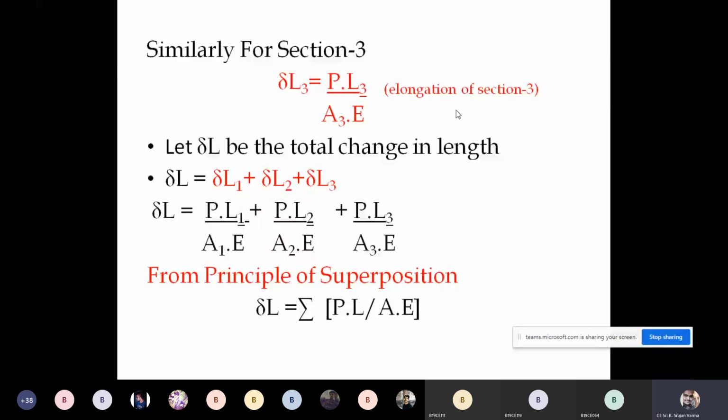Now, if I take total change in length as delta L, total change in length of the bar, combining delta L1, delta L2 and delta L3, you will get total change in the length. Delta L can be written as delta L1 plus delta L2 plus delta L3. Already we know delta L1 is PL1 divided by A1E. Delta L2 is PL2 divided by A2E. And delta L3 is PL3 divided by A3 multiplied by E. Very simple formula, PL by AE.